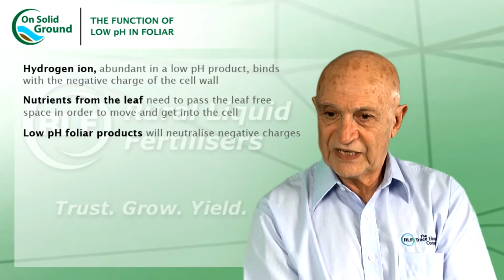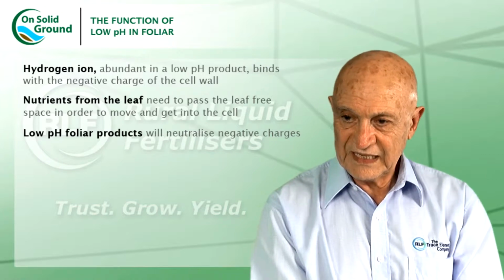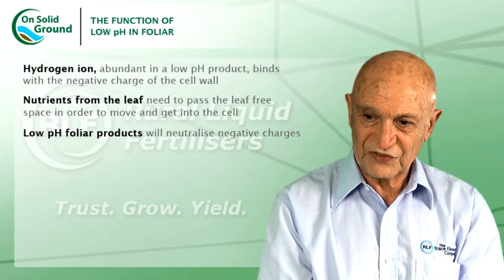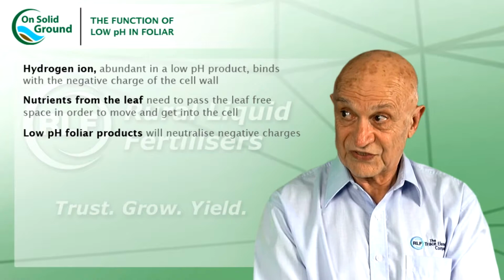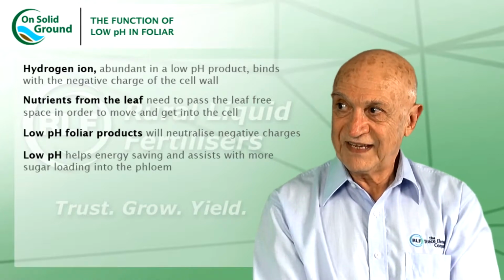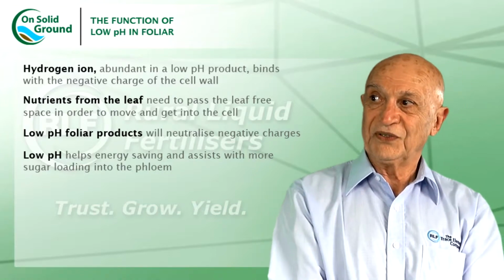That naturally happens by expenditure of energy from the leaf cells, which extrude hydrogen ions and then take the sucrose and hydrogen ion together. So if I'm applying hydrogen ion in a fertilizer, I'm helping save energy in the plant and assisting with more sugar loading into the phloem.